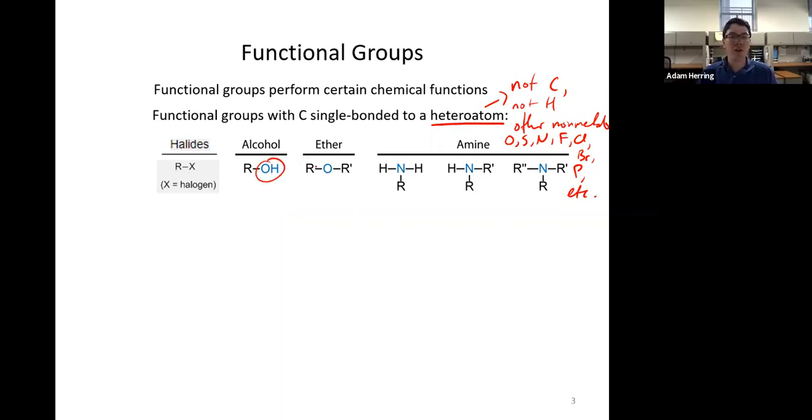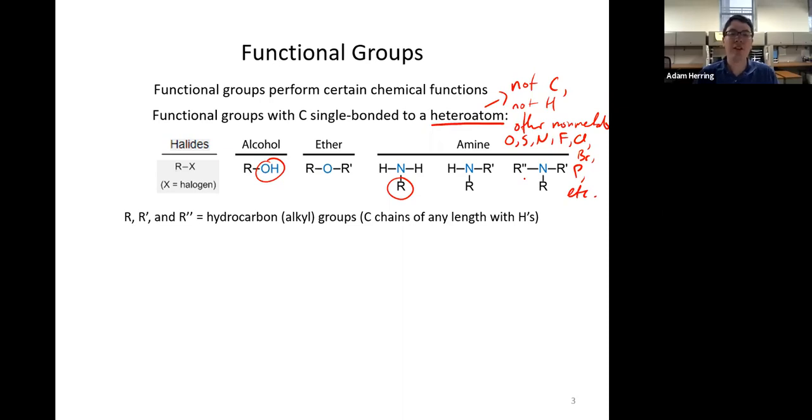Ethers, which have an oxygen sandwiched in between two different carbons. And then amines. Amines are carbon atoms with single bonds to nitrogens, and you can have either 1 carbon atom bound to the nitrogen, 2 carbon atoms bound to the nitrogen, or 3 carbon atoms bound to the nitrogen.